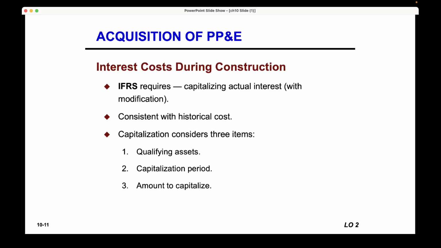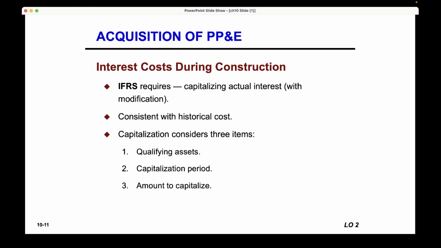And this means the interest costs incurred during construction are added to the cost of the asset rather than being treated as an expense. So any interest incurred from the financing of construction is treated as cost. It's not recorded as interest expense.